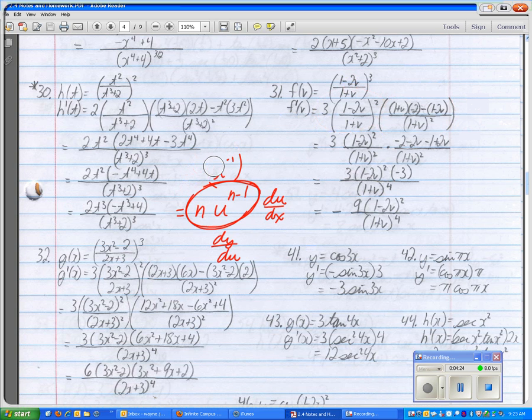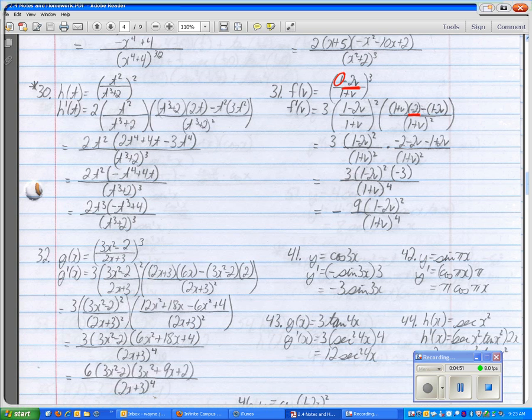So quotient rule says the derivative of that will be the bottom, 1 plus v, times the derivative of the top. The derivative of 1 is 0. The derivative of negative 2v is negative 2. Minus the top quantity, because if I don't put a parentheses around that, I'll mess up the negative, right?